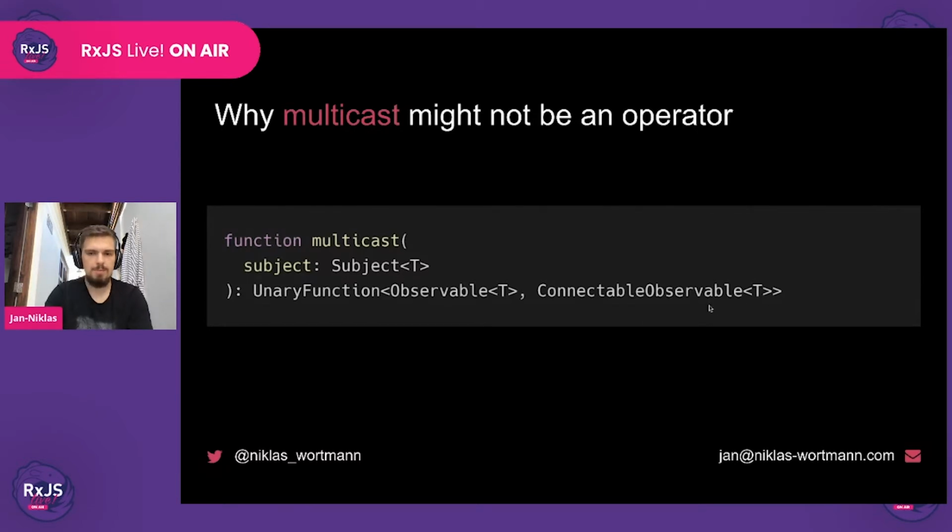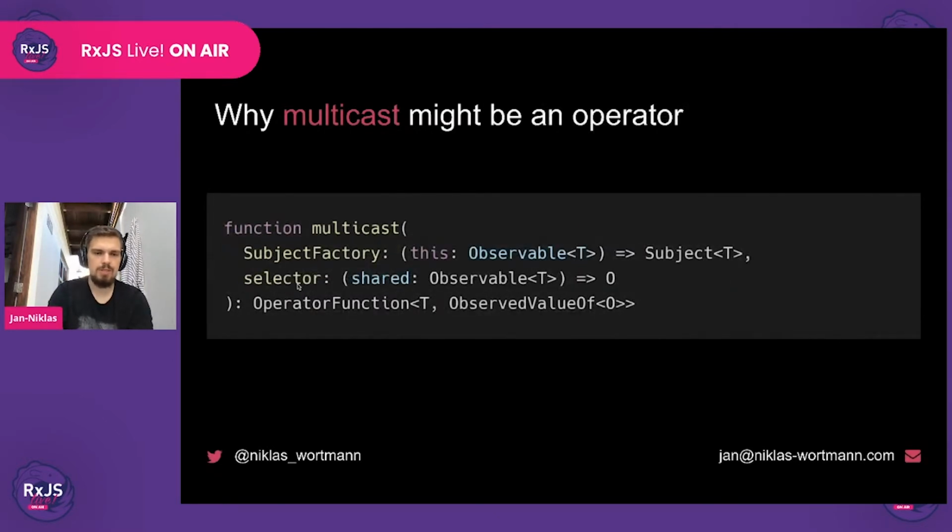The problem with the connectable observable is that you need to call the connect method to make the underlying subject subscribe to the source observable. Therefore, it is not composable. On the other hand, if you use another signature where you can apply the selector function, then you get an observable, and this way it is composable, and you can apply other operators to it afterwards.